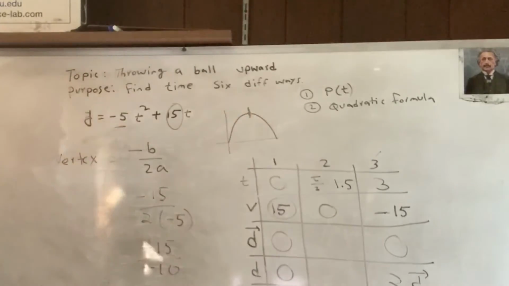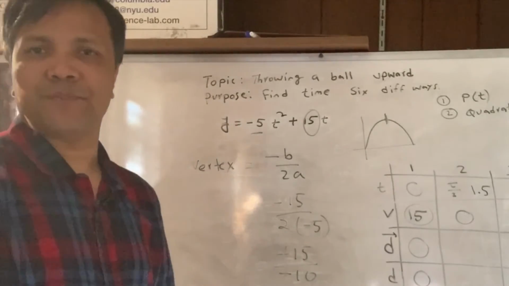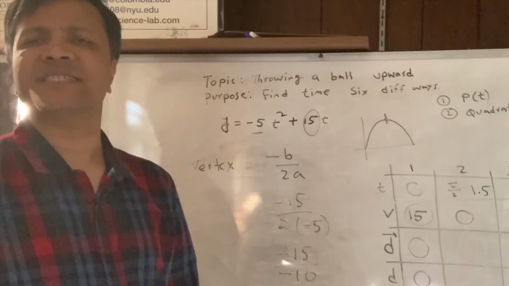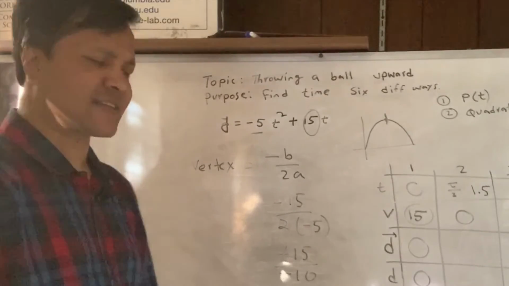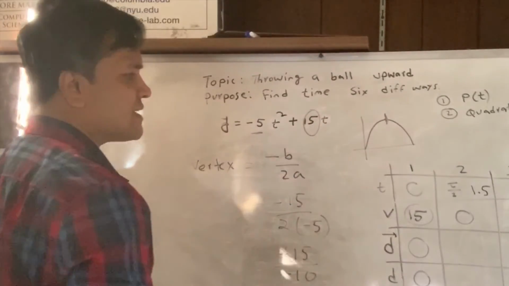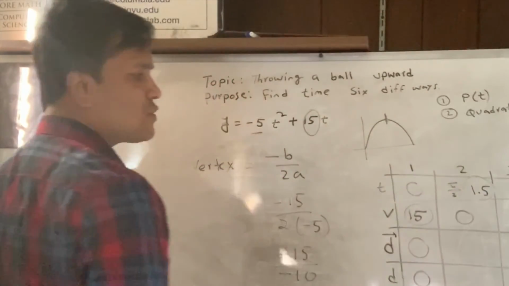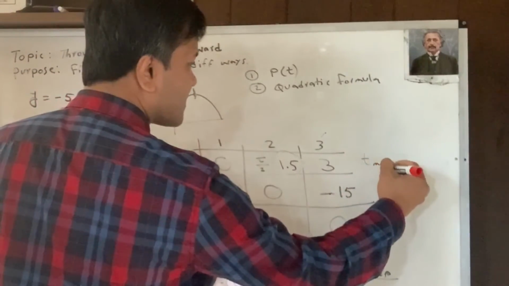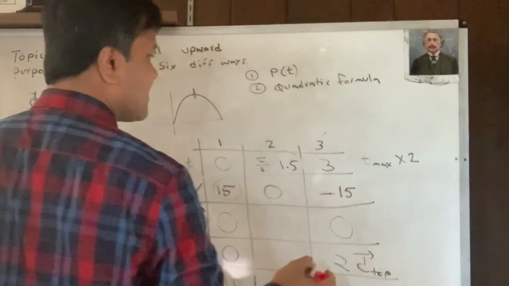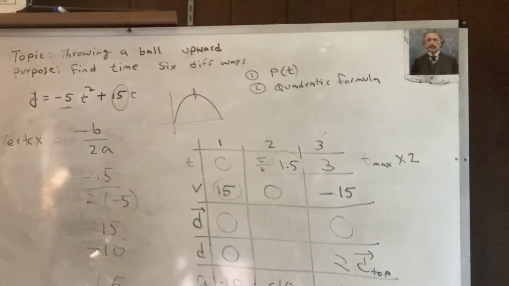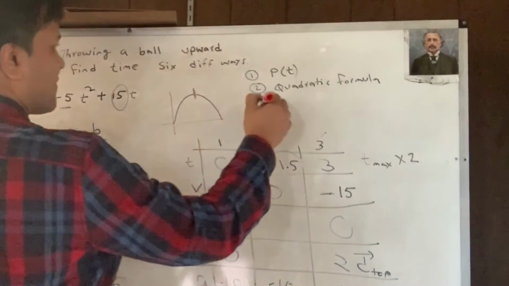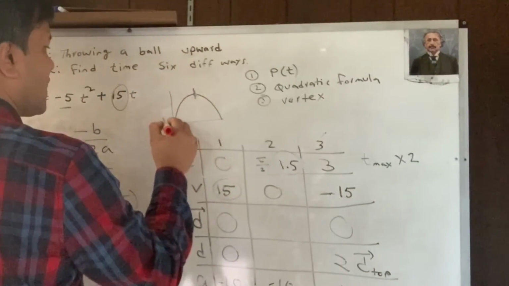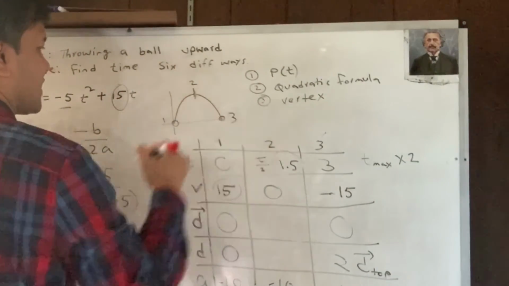The vertex is the time at the top, the time when the ball changes direction, the time at the maximum height. So the time at the maximum height is 1.5. When you know the time at maximum height, you can take time max times 2, and that gives you the elapsed time. So yes, we can use the vertex formula. This is location 1, this is location 2, and this is location 3.